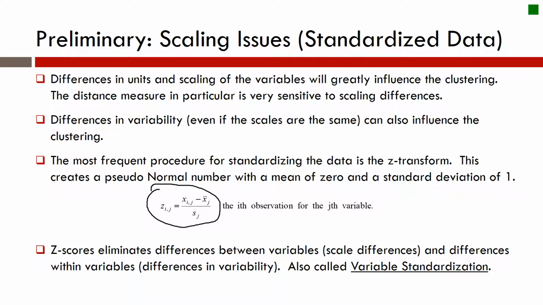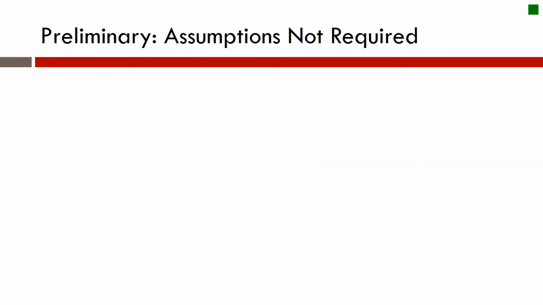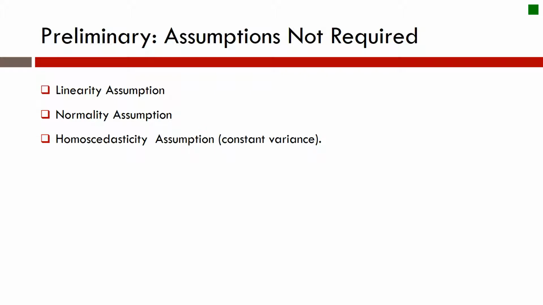That's creating a z-score for each observation. When you do that, the data will have a mean of 0 and a standard deviation of 1. That's what will result as a process of standardizing your data. Other assumptions that we can relax to some extent would be linearity, normality, and homoscedasticity.